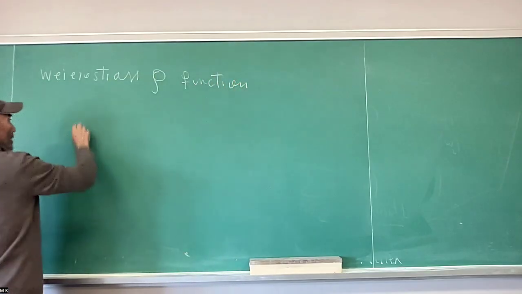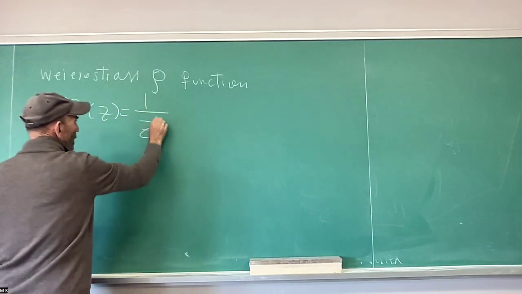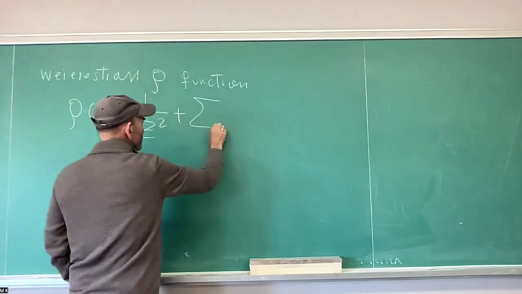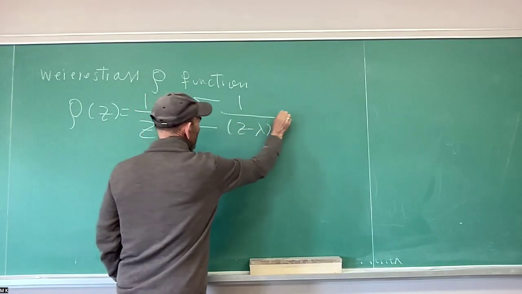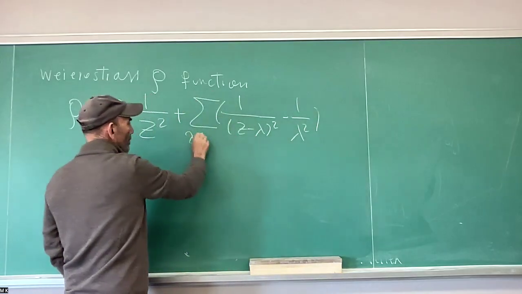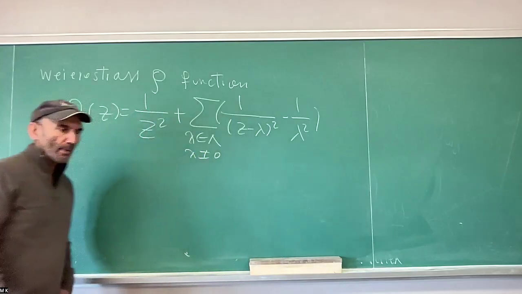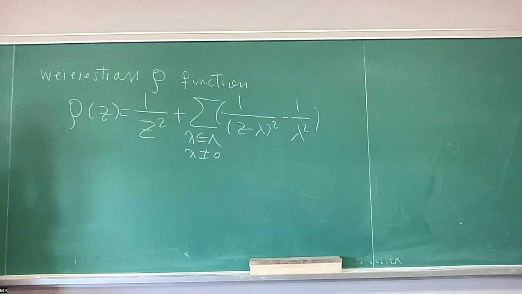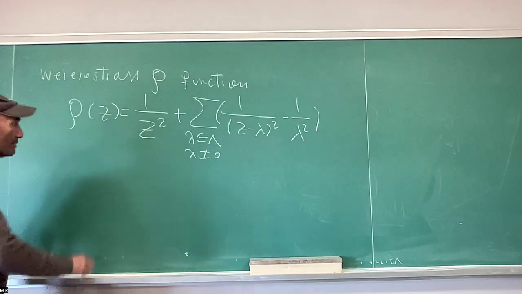So Weierstrass defined it like this: P of z is equal to 1 over z squared plus the sum of 1 over (z minus lambda) squared minus 1 over lambda squared, lambda belonging to the lattice, and lambda is different from 0. This is the Weierstrass P function. I believe this notation is due to Weierstrass. Okay, so this is defined for any lattice lambda.